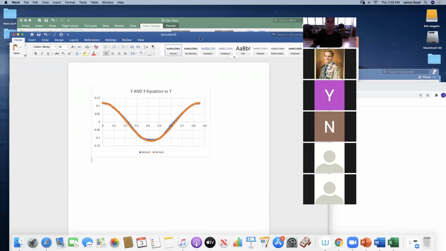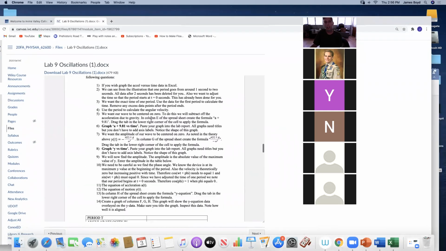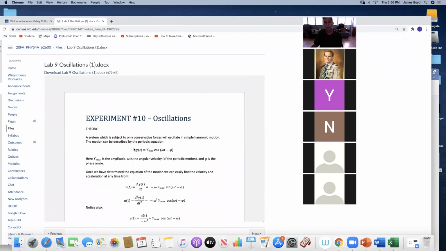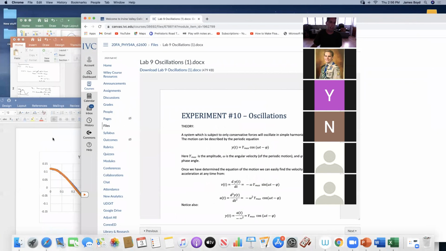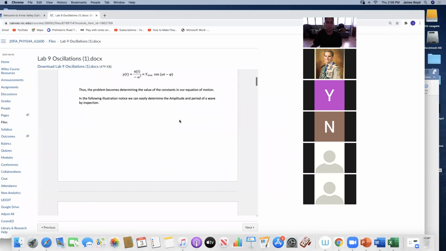Remember that what we're trying to do here is model periodic motion with a function of the form amplitude times cosine of omega t minus or plus phi. So what I'm asking you is, does this theoretical equation that we wrote truly model the real world data of the IOLab? And the answer is, yeah, kind of. I mean, not perfect, but it's okay.